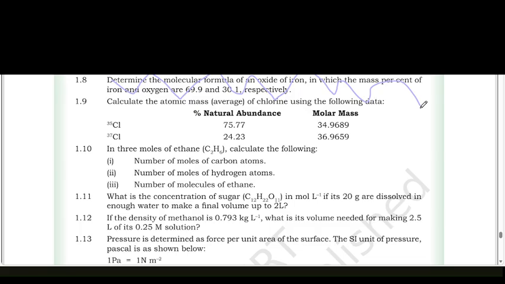So what will you get? Just divide by 10000. So you will get 35.45 u.